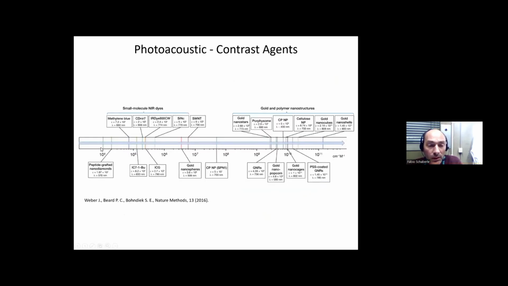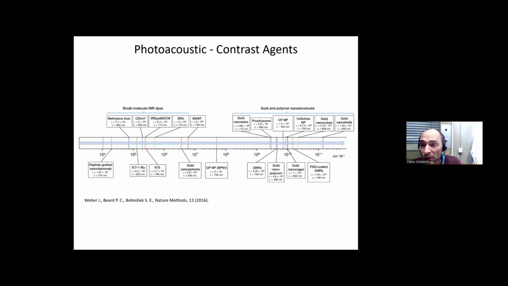This is a set of contrast agents that are being studied, or families of contrast agents, as a function of the molar absorption coefficient. We have organic compounds here that have molar absorption coefficients of 10 to the 6, 10 to the 7, and then we have nanoparticles that have much higher absorption coefficients.